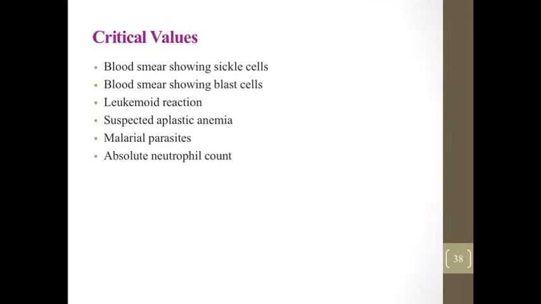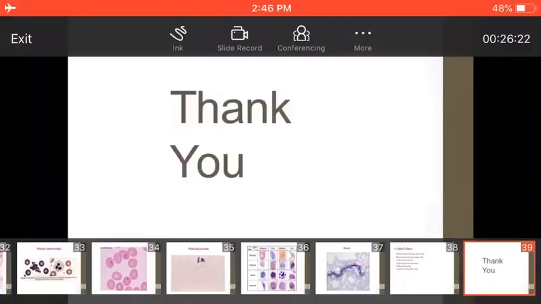So after looking at WBC, RBC, platelets, and the presence of parasites or not, we have to conclude the peripheral smear. So this is about the peripheral smear performance and how to report it.